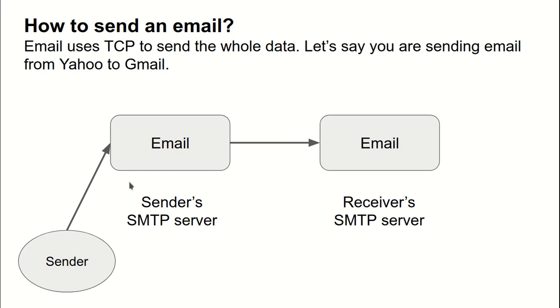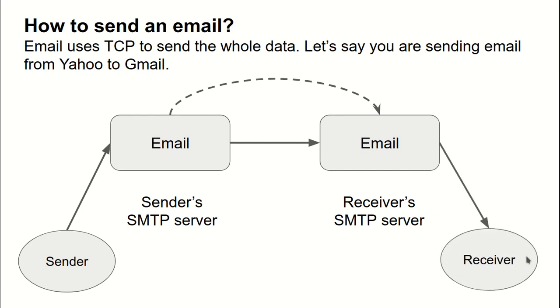So now the data will go from the sender SMTP server to the receiver SMTP server, and after that the receiver SMTP server will give the data to the receiver. So this is the process that will happen in sending an email from Yahoo to Gmail, from Hotmail to Gmail, or from Proton Mail to Gmail, or between two services that are different.